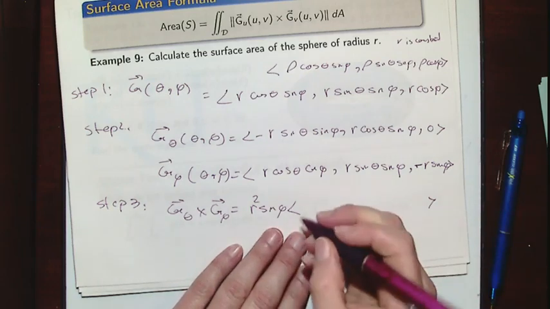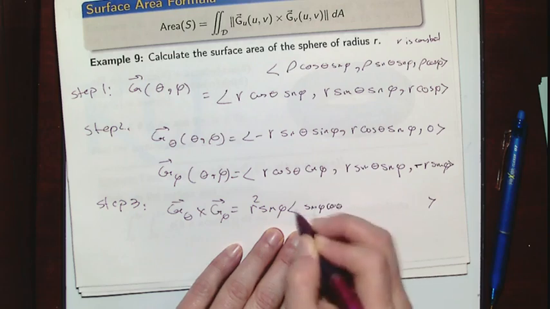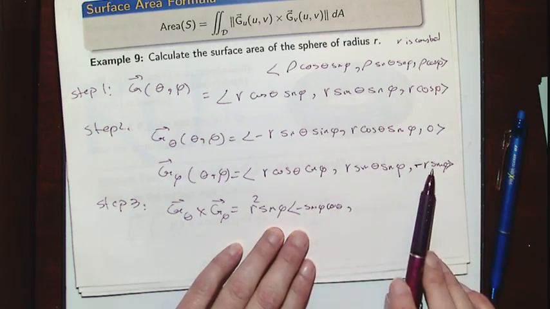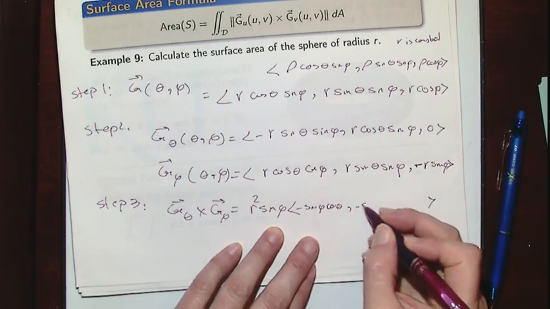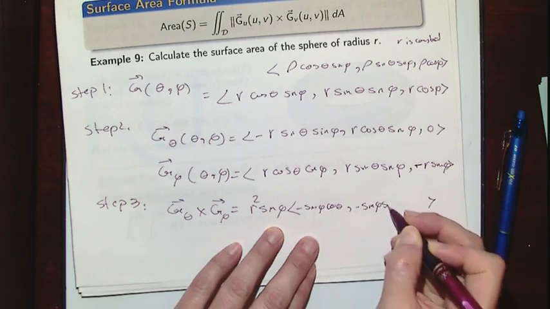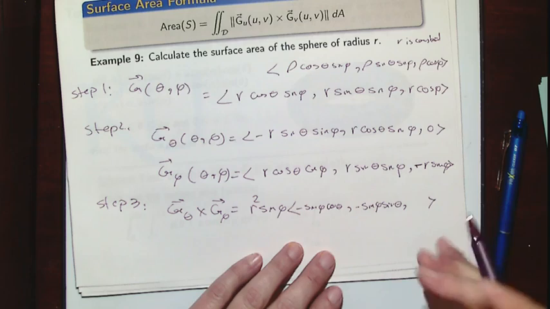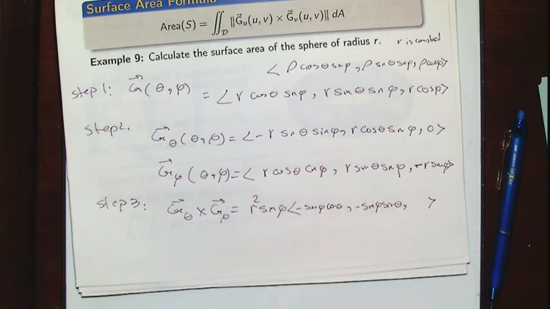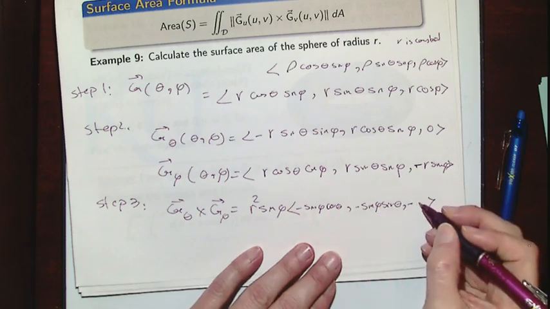So what is left is sine of phi cosine theta, negative of that, right? This. And then the second component is going to be minus sine phi sine theta. And then the last component is going to be negative cosine of phi.